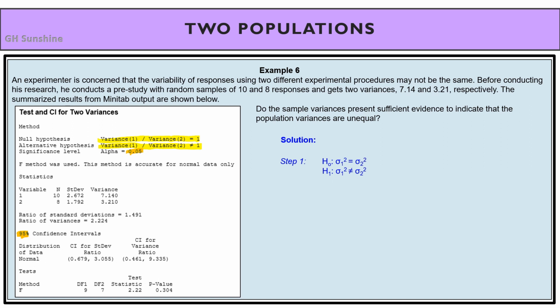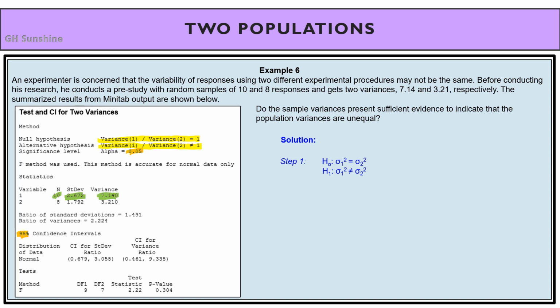And then this one, the descriptive statistics for each variable. First variable: sample size 10, standard deviation 2.672, and variance 7.140.